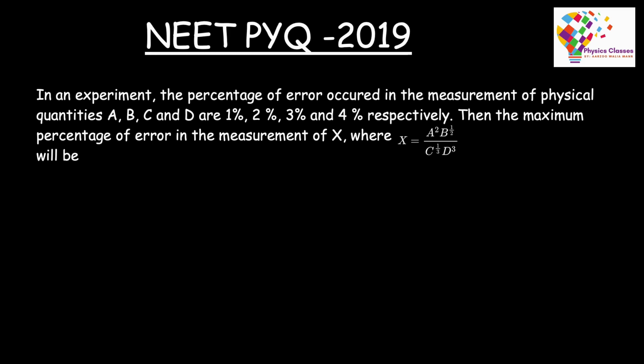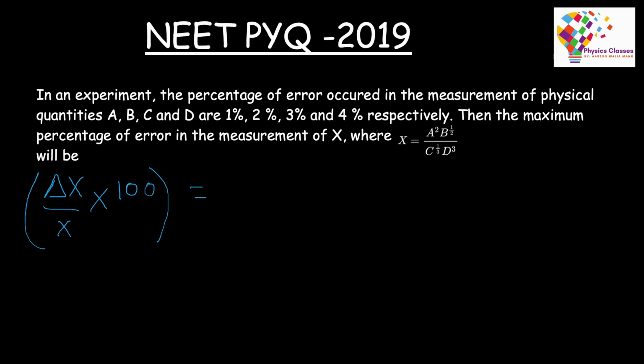So they have told us that X in this situation is equal to A cube B to the power 1 by 2, C to the power 1 by 3 and D to the power 3. So now when I want to find out the fractional error in X, or if I want to find out the percentage error in X, we will use the power rule.